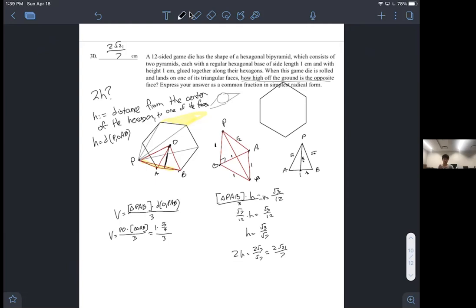Then if you can calculate the volume in a second way, which you often can, because these figures are rigid and well defined, you can solve for the height.